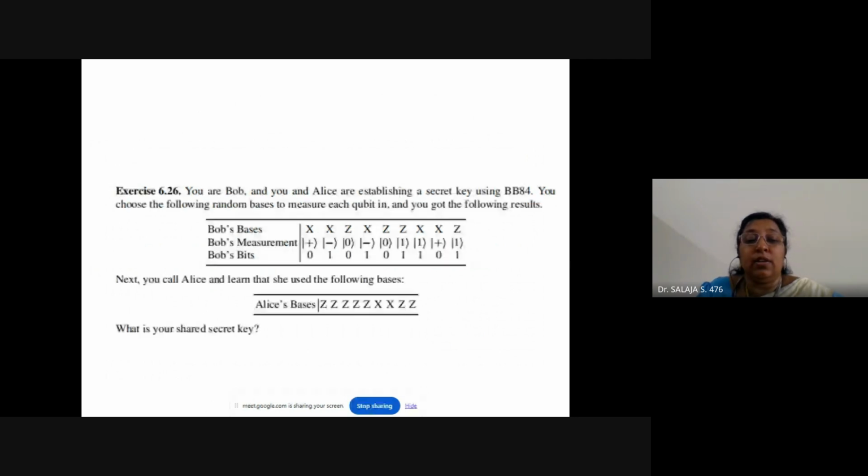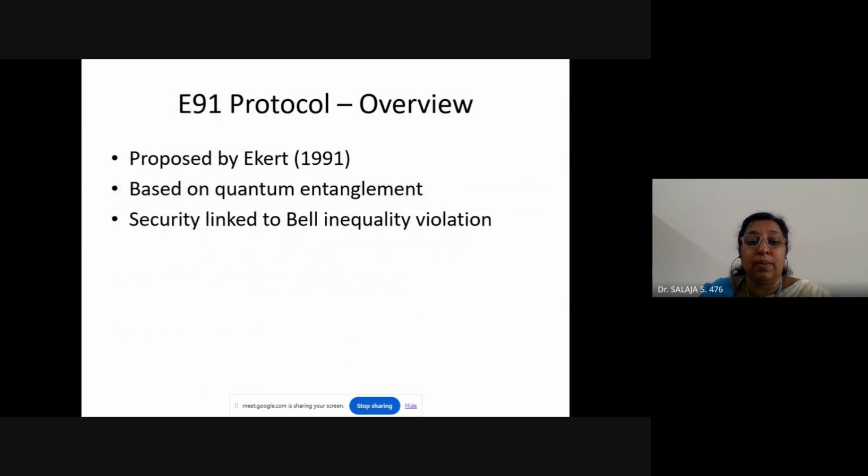Similarly, you have Bob's base and Bob's measurement. In the second question, Bob bit is also presented. Now Alice has a set of bases. Try to identify the secret key where you can try with the common gates that are applied, and that acts as the secret key.